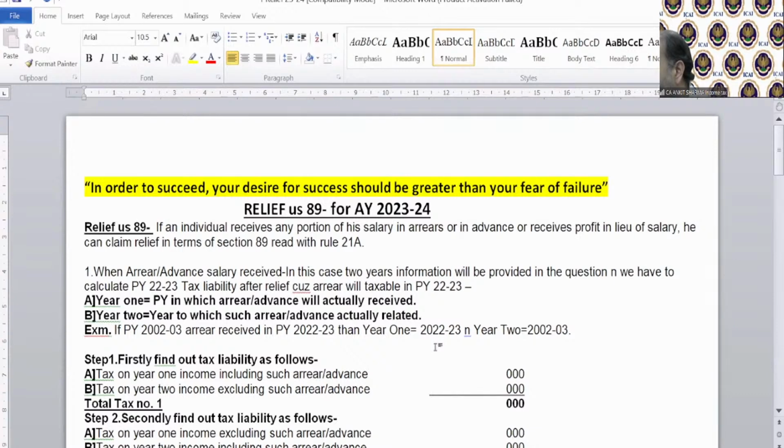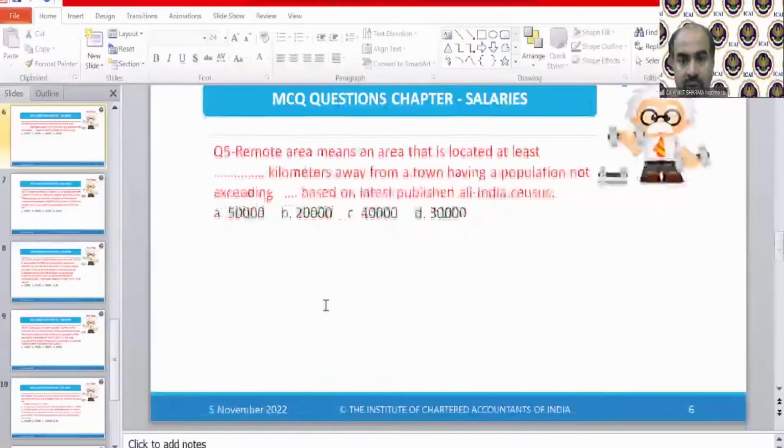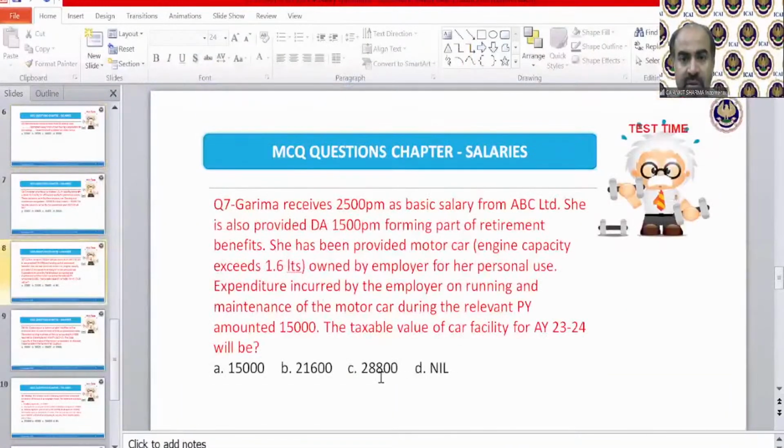What is Alok asking? Alok is asking if question number 7 is for a specified employee, then Garima is a specified employee because 55 lakh per annum. What was the 7th question? Let me see once. Okay, 6, and this is our 7.